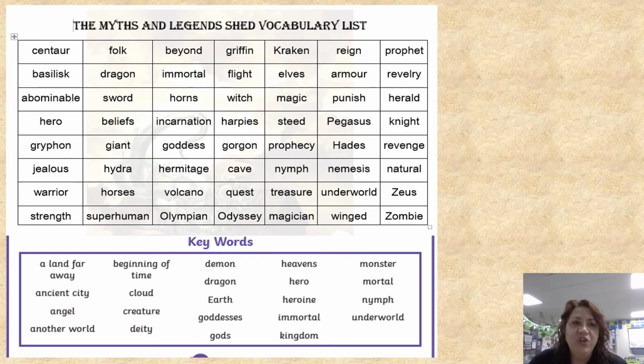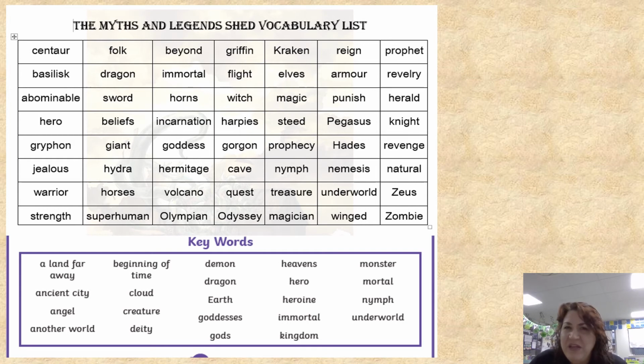So what I want you to do is just pause the video when I say and just read through this vocabulary. If you don't know what a word means, because there's probably a few there, maybe have a Google of them.